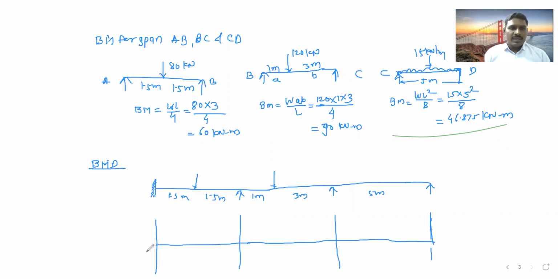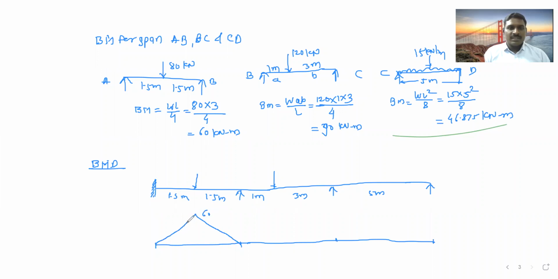Okay, now for span AB, the regular bending moment is 60 kilonewton meter. A central point load is there, so how will the variation be?